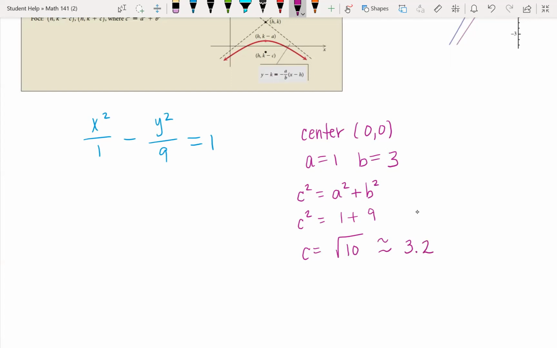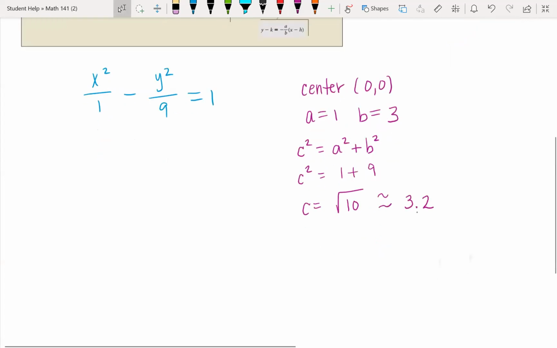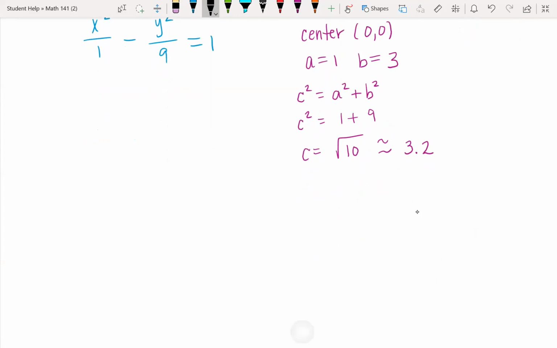Okay. So the center of our graph is at 0, 0.